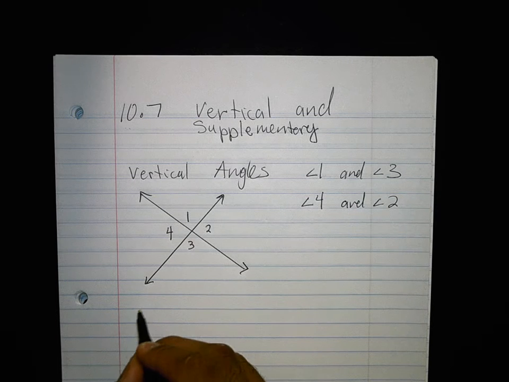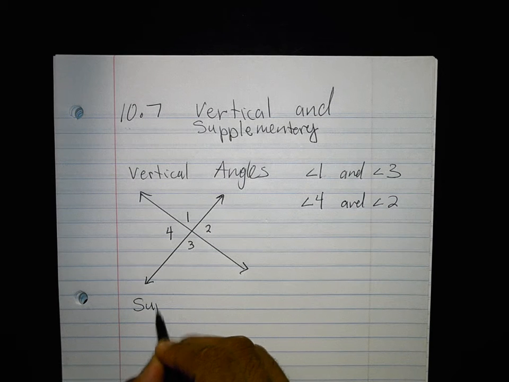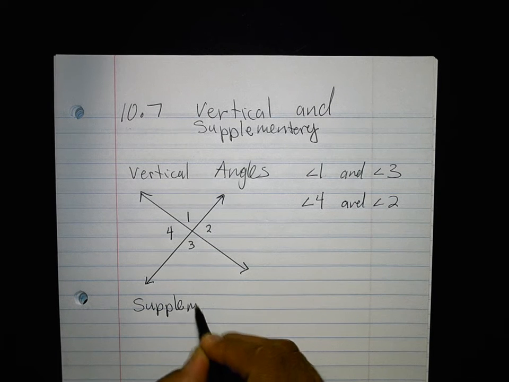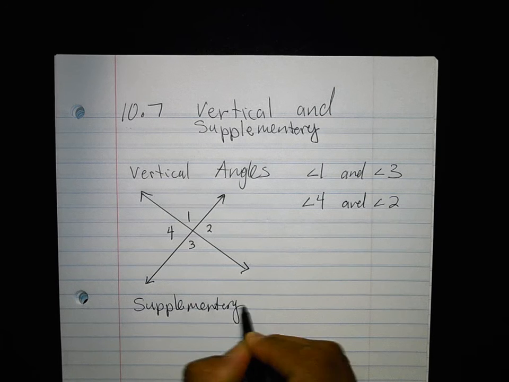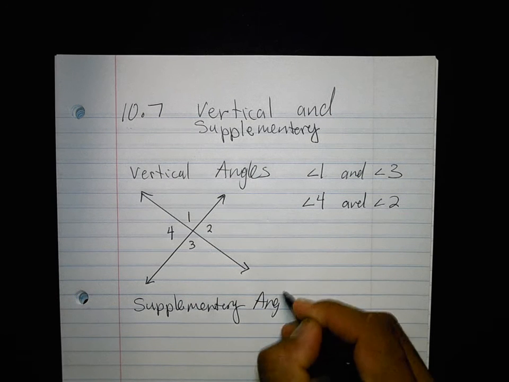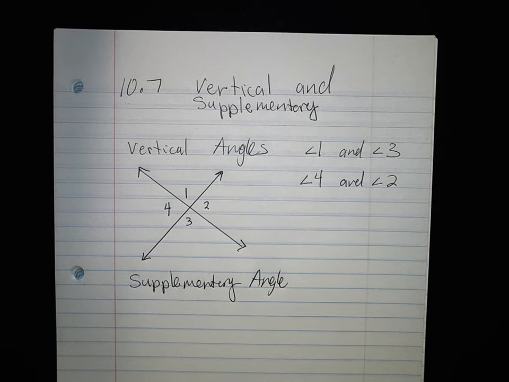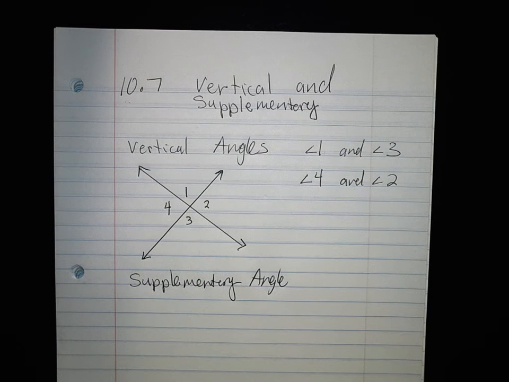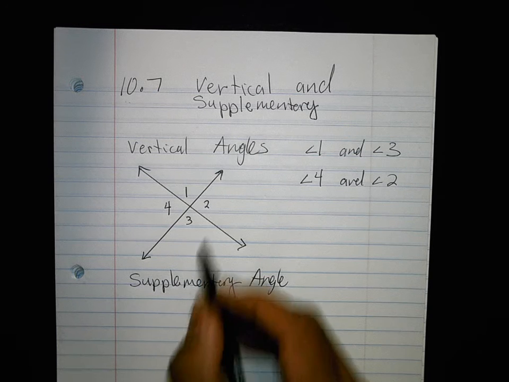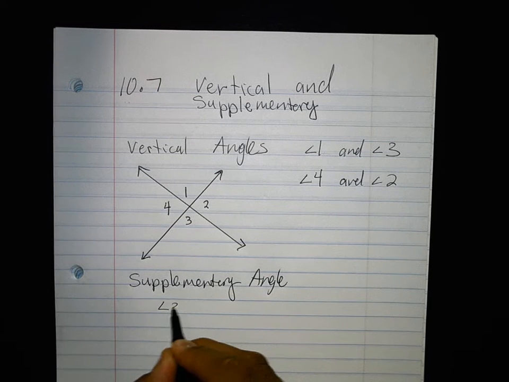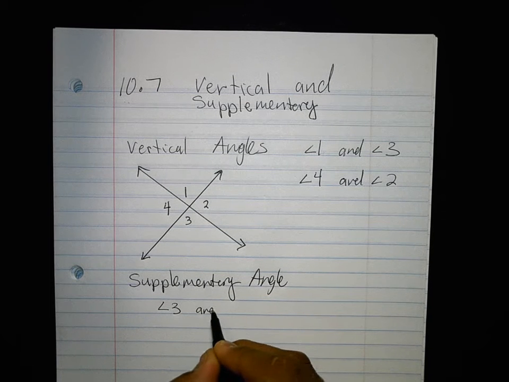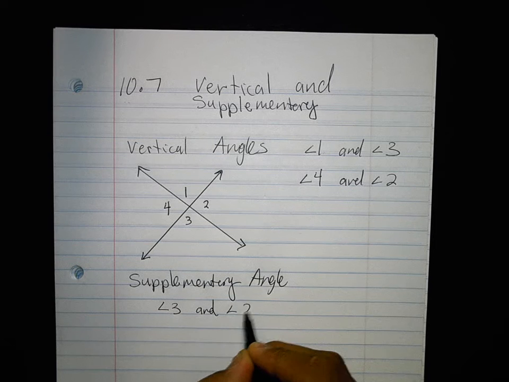Okay. Using the same diagram, talking about supplementary angles, something that we've dealt with quite a bit. Supplementary angles are angles that add up to 180, so in this case they form a linear pair. So what are supplementary angles? Angle 3 and angle 2 are supplementary.